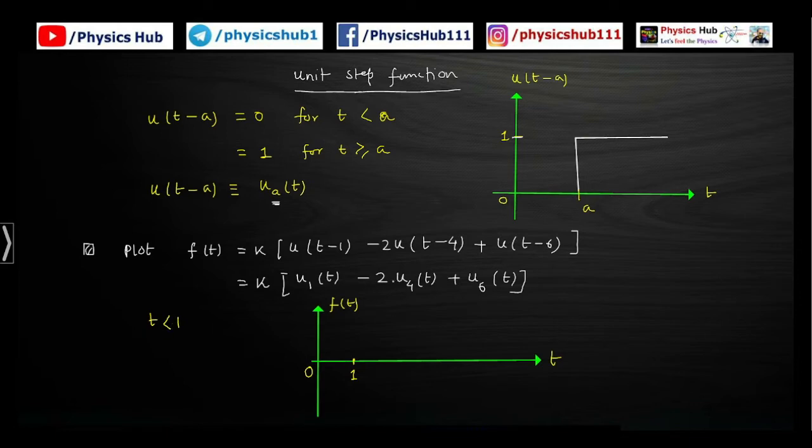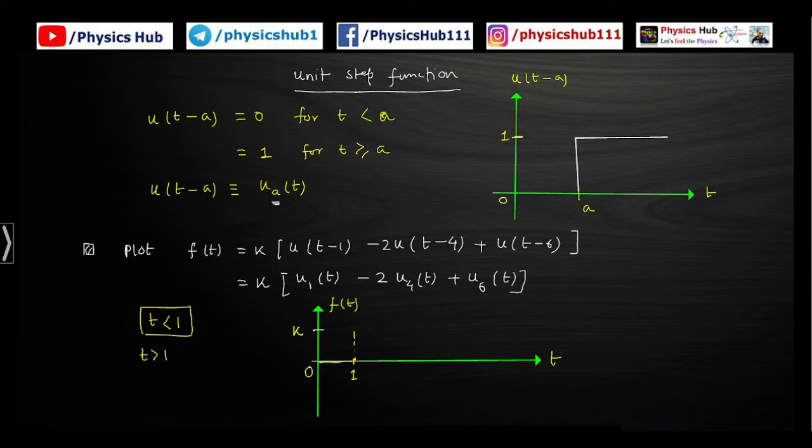Look, this function u4 of t will be activated beyond 4. This u6 of t will be activated beyond t equals 6. So when t is less than 1, none of u1, u4 or u6 is active. So it will take up 0 value. Once we go t greater than 1, then it will take up the value 1, or here k is multiplied.